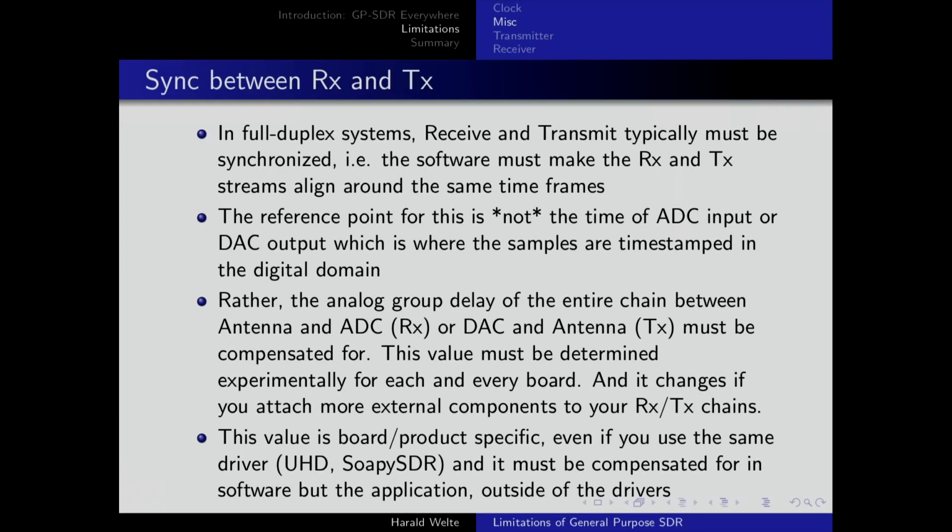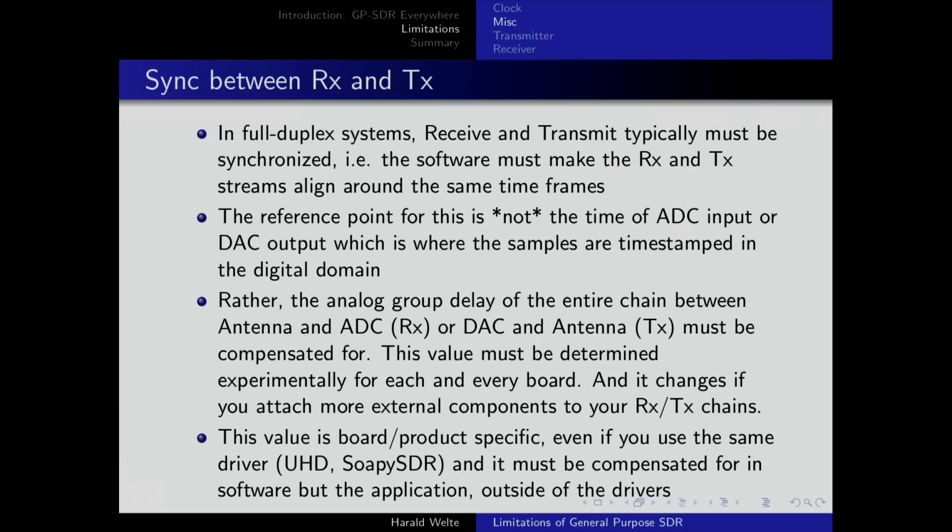So you actually have a delay between when your DAC is outputting an analog signal until it appears at the antenna interface, and vice versa, a delay between when the received signal hits the antenna and until it is actually digitized by your ADC. And those delays need to be measured, and you need to know them, and your software needs to know about them, because the software needs to compensate for those analog delays.